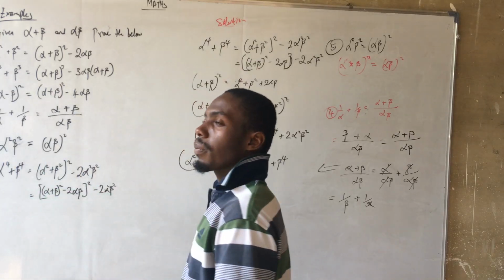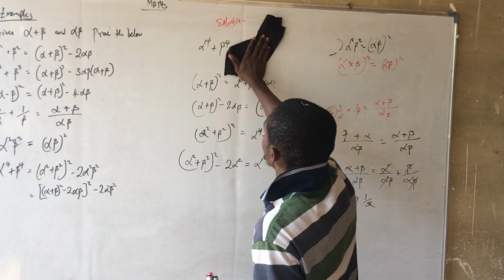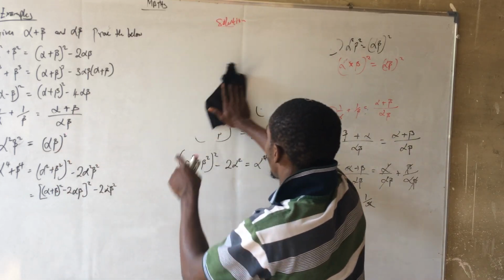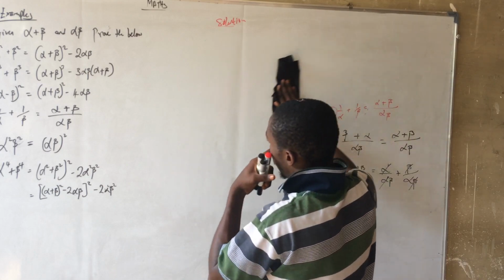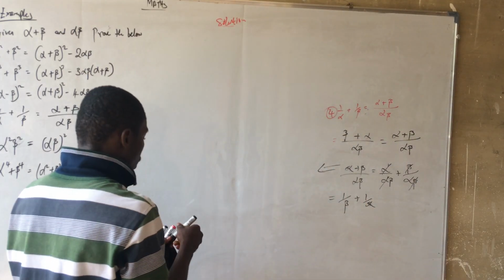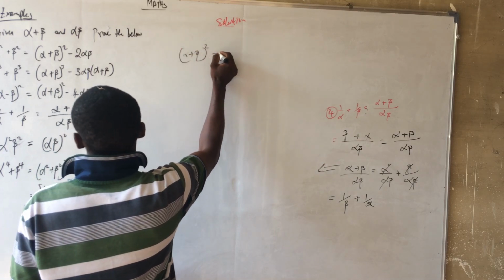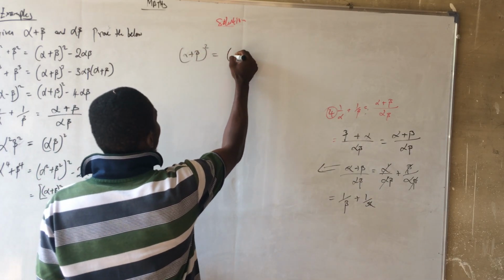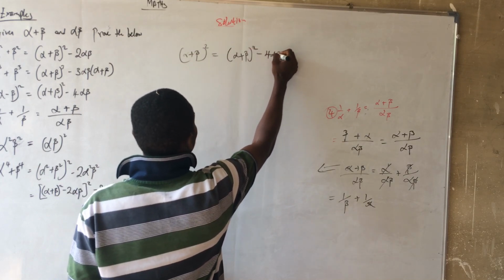Now in my previous video I gave you something to try out. Actually it's from this number 3. I remember the alpha minus beta all raised to the power 2 is equal to alpha plus beta raised to the power 2 minus 4 alpha beta.